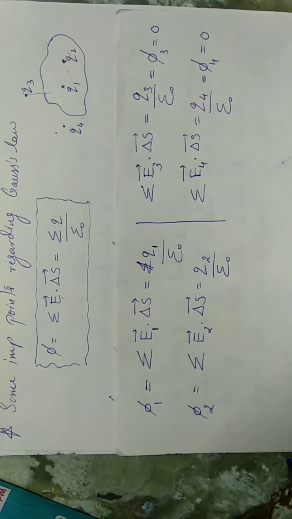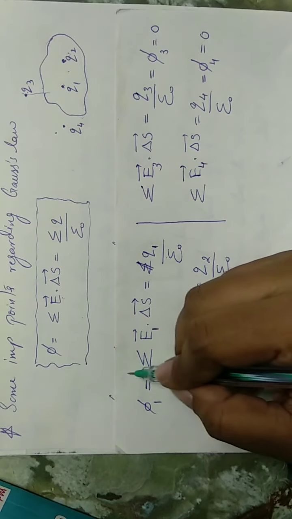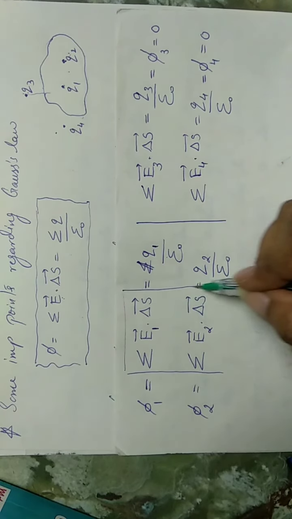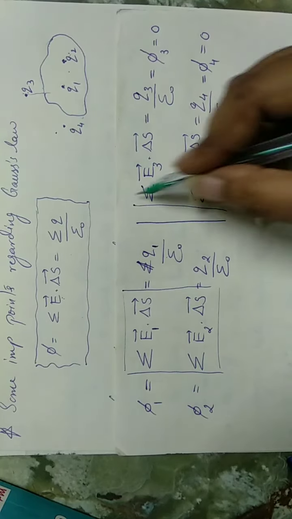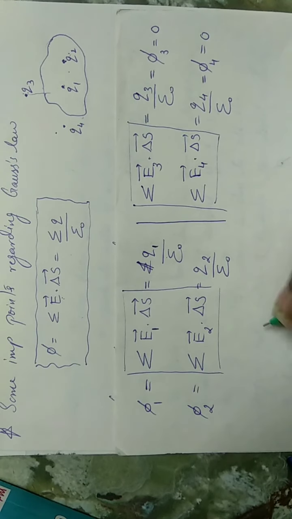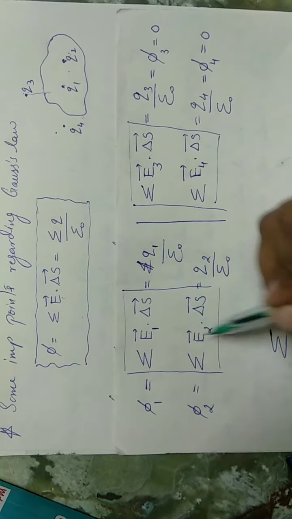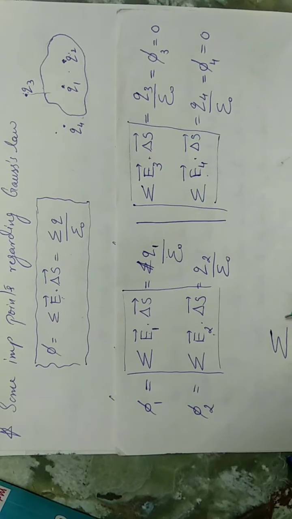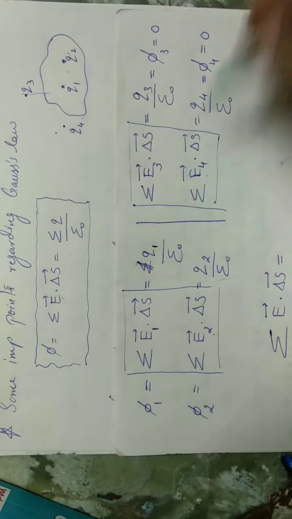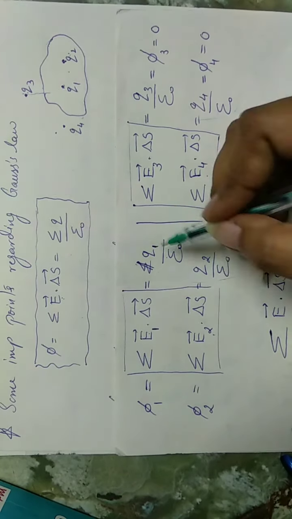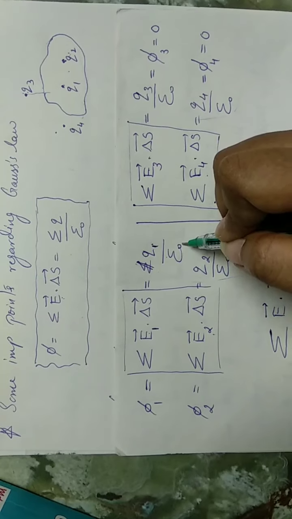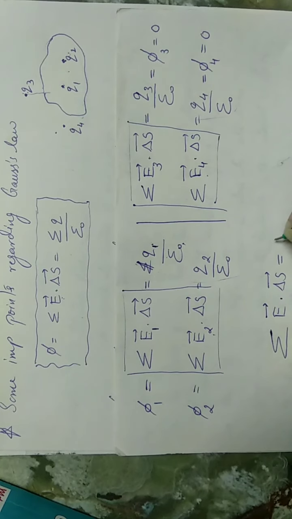Now suppose I am adding all these terms, then I'll get summation of all E1, E2, E3 and E4, that is, suppose the resultant electric field into delta S is equal to, now I will be adding all these terms. So what is Q1 upon epsilon naught? That was phi 1.